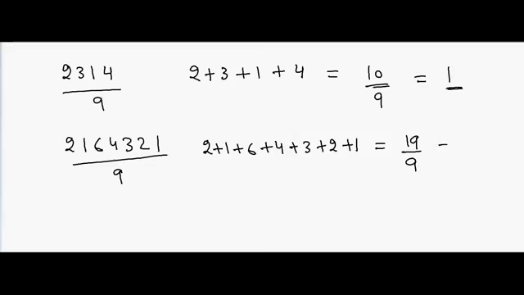If you divide 19 by 9, I'll get a remainder of 1. So again, if you divide this number by 9, your remainder will be 1. Another thing you can also do is add 9 plus 1, that will give you 10, and then add 1 plus 0, that will give you 1. So your remainder will be 1.